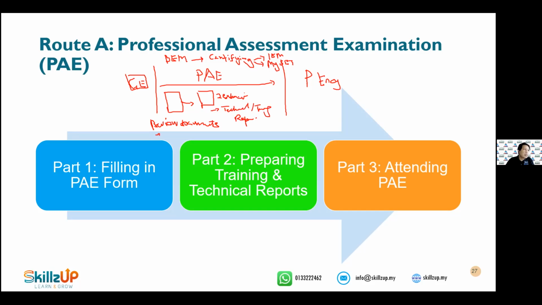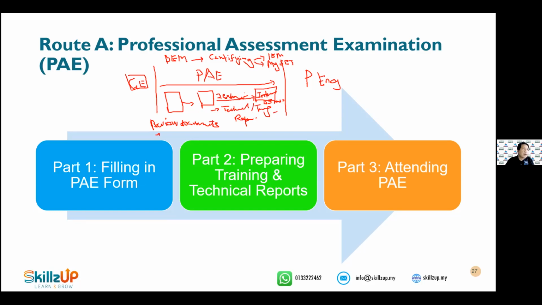After you have submitted the report, it will be given to the examiners, then you'll be given a date for the so-called interview. Normally it's 45 minutes per candidate. That is the first part.